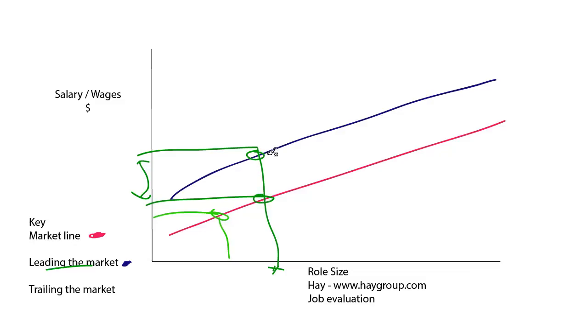But up here, let's call this an accounting role, there might be a skill shortage of chartered accountants, for instance. So both roles are the same size in terms of their evaluation under Hay, but they're paid quite differently. And so you'd select to pay leading the market for the chartered accountant role, while you'd meet the market with the IT role. And then there's a third line here.